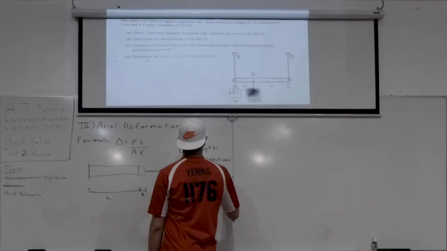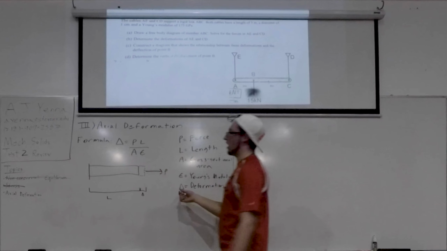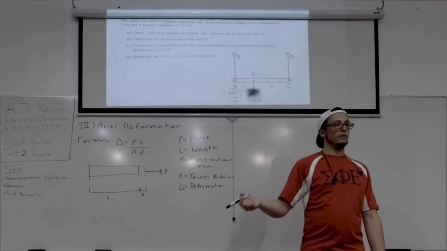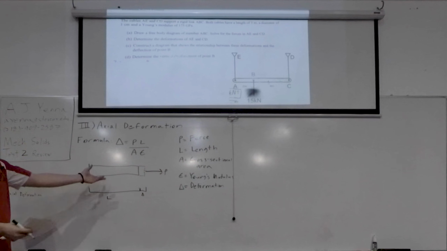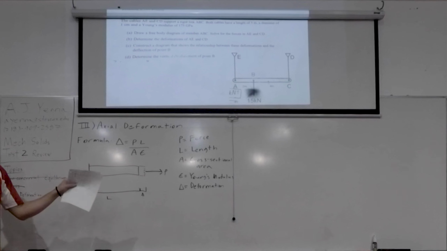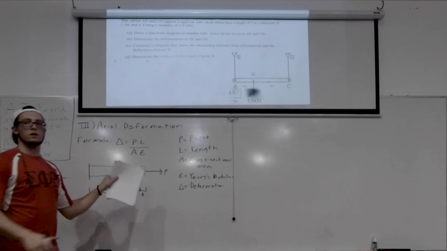More often than not, you're going to be solving for delta as opposed to the other way around. So that's the equation, kind of graphically drawn out. Any questions on that? That part's pretty straightforward.